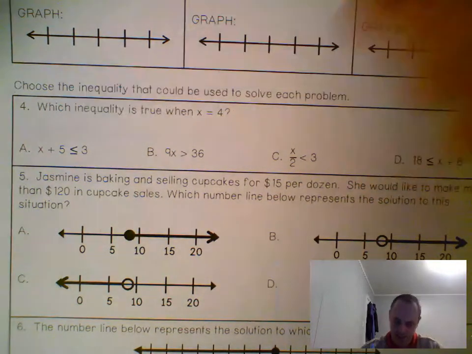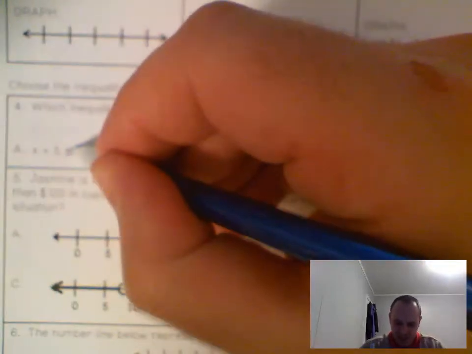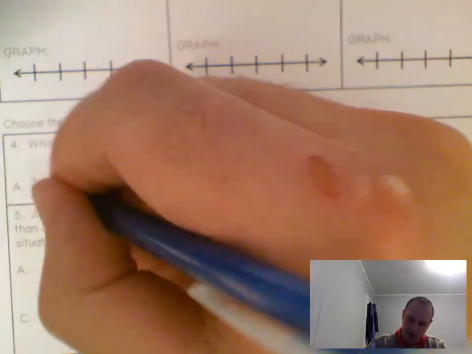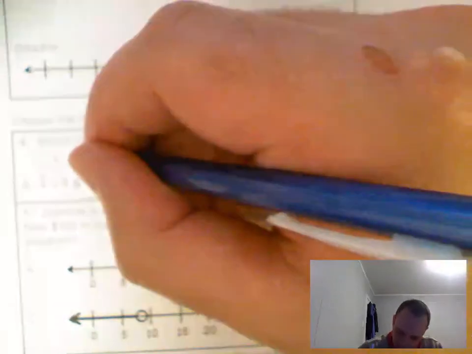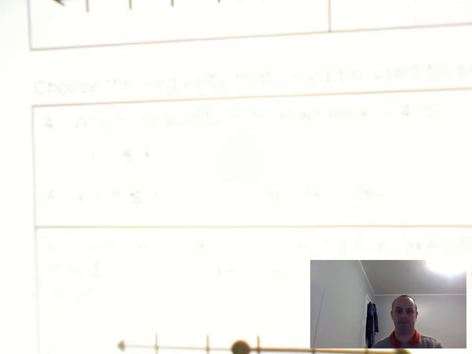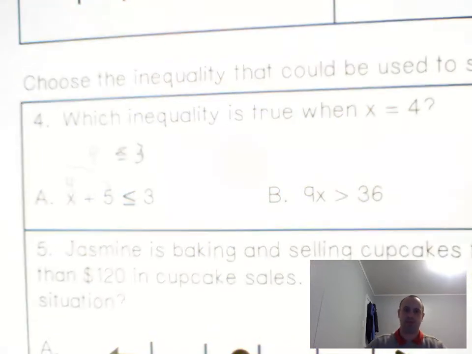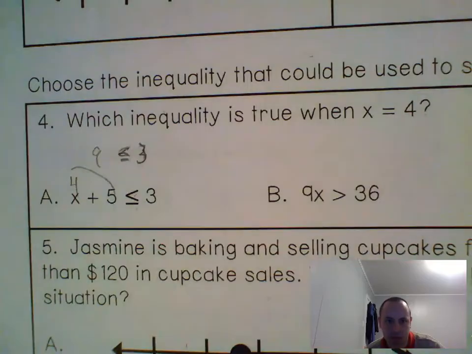That's 9, right? Is 9 less than or equal to 3? Nope, so it can't be that one, right?